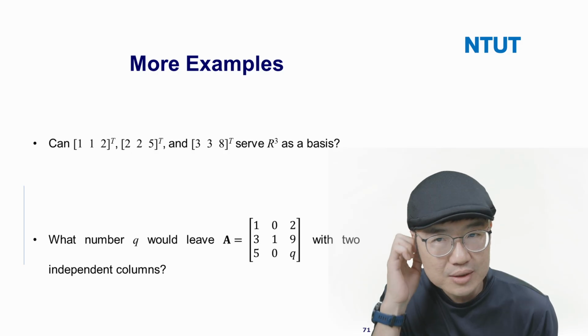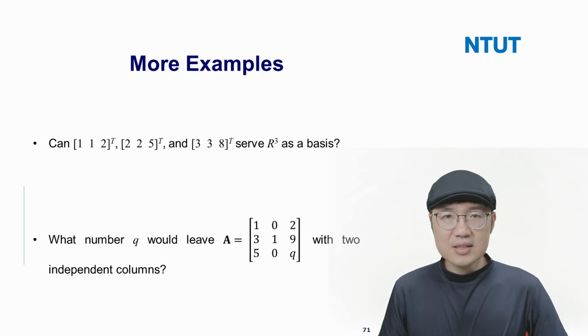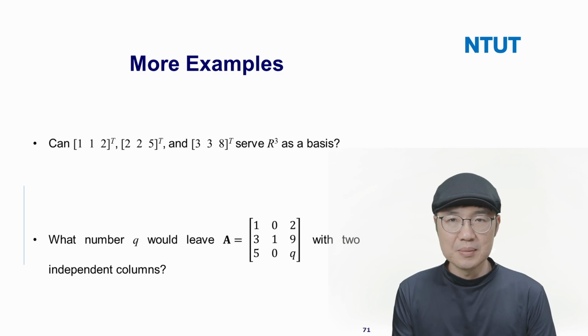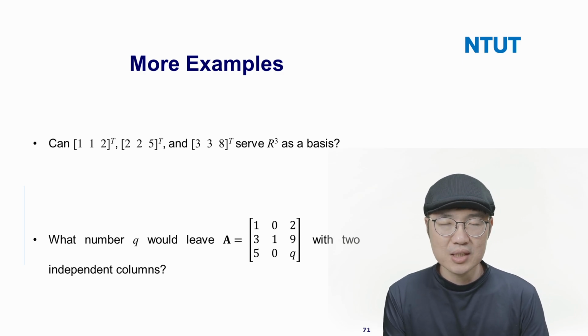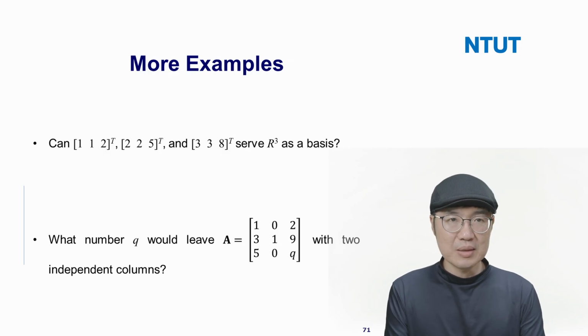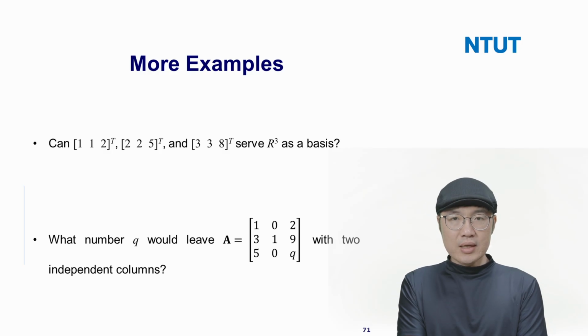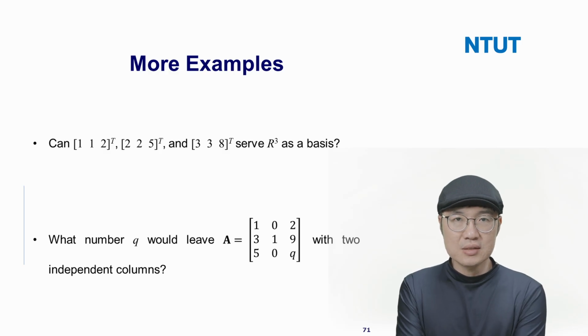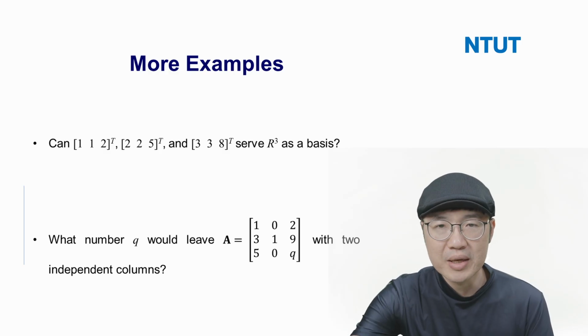So next question. This slide shows a smarter way to check a matrix, and it uses that important statement: the number of independent columns will be the number of independent rows.